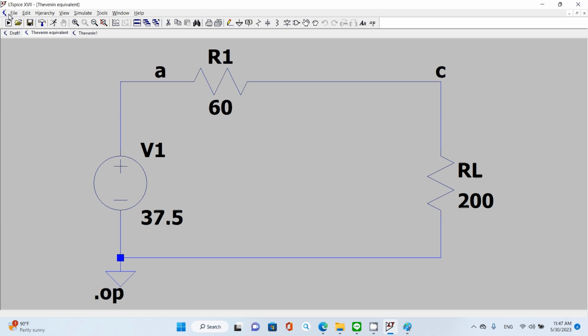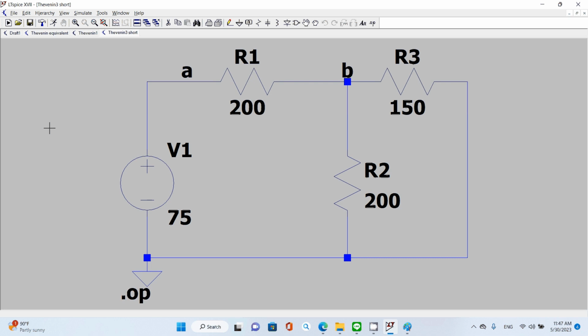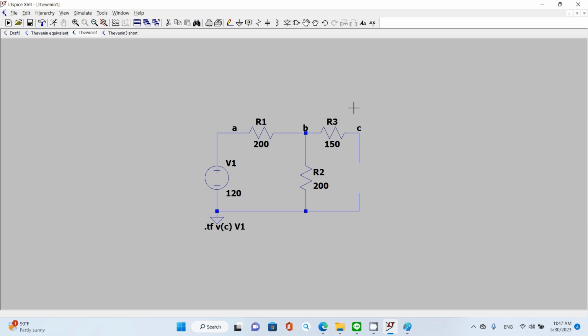Oops, not this one, sorry. Okay, let's start over again. At the beginning, I have Thevenin here. Okay, doesn't matter. The complete circuit.